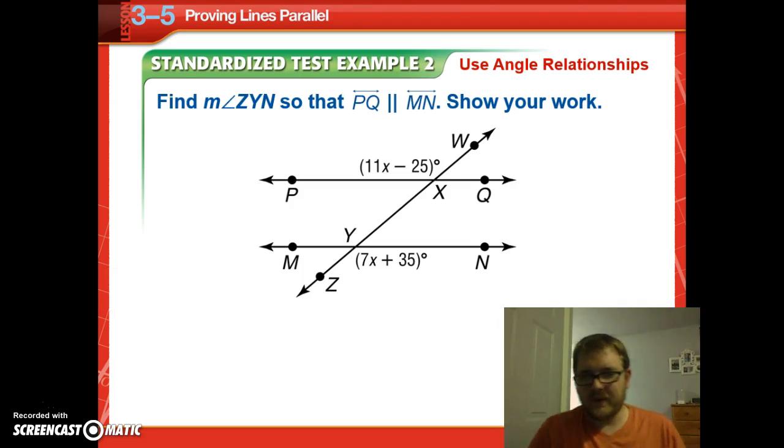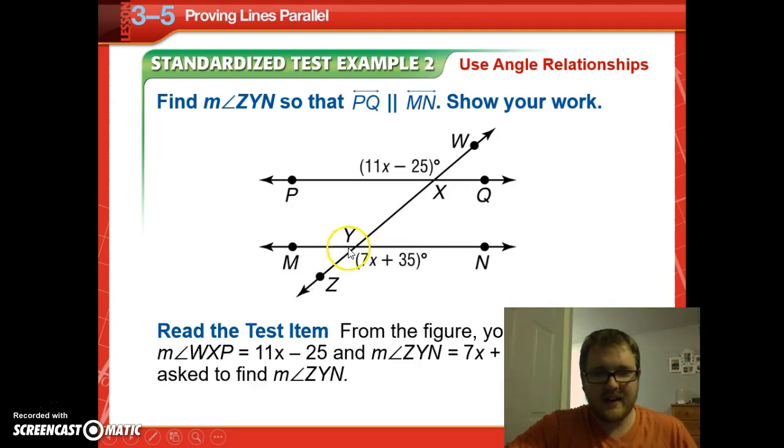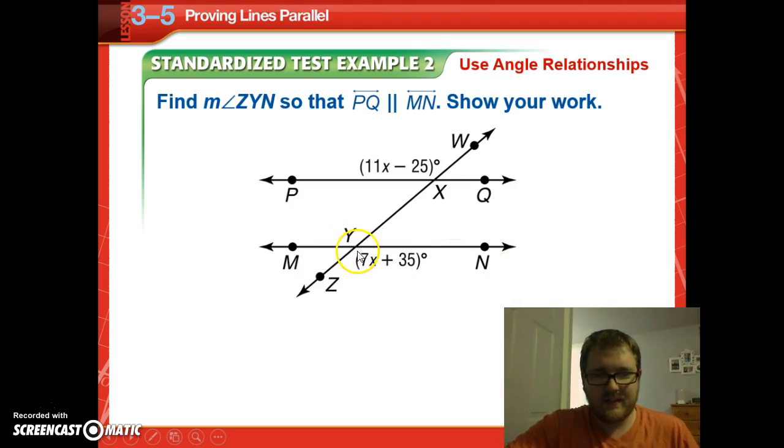All right, so moving forward, let's look at using these angle relationships we've learned. We want to find the measurement of angle ZYN, this angle right here that's labeled 7x plus 35 degrees, so that PQ is parallel to MN. These are on opposite sides of the transversal, so they're alternate.